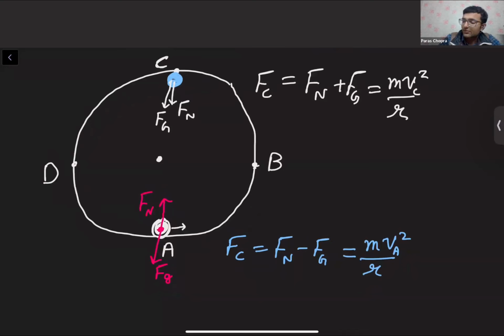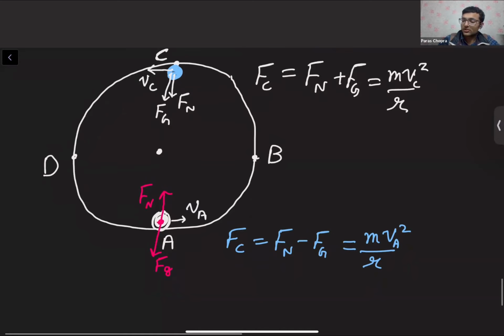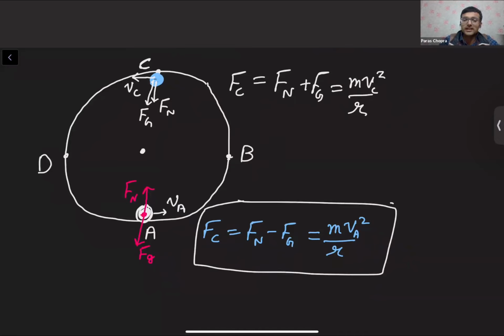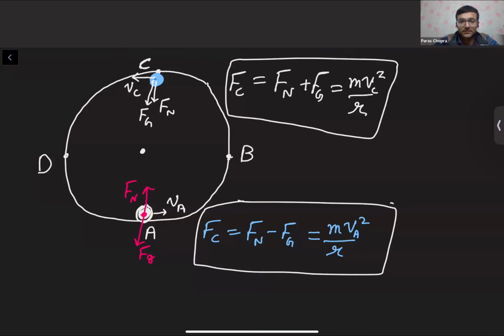So we have to find the velocity at A given that the ball also passes through the topmost position, right? So let's say the velocity at the topmost position is Vc. So we have two equations. One is Fn minus Fg at A is equal to m va square upon r. And the second equation is Fn plus Fg at the topmost point is equal to m vc square upon r.